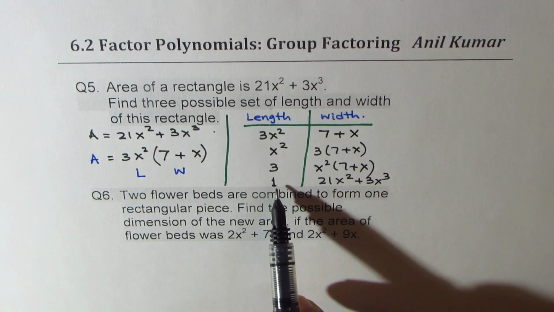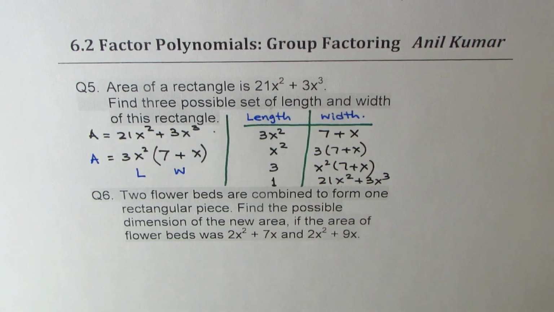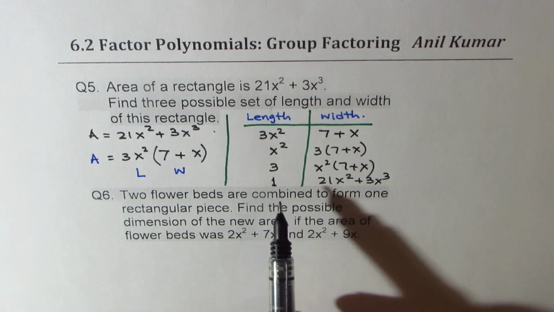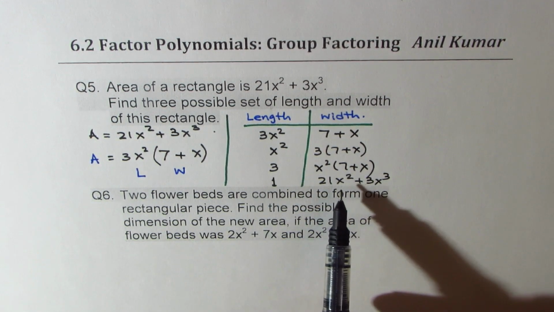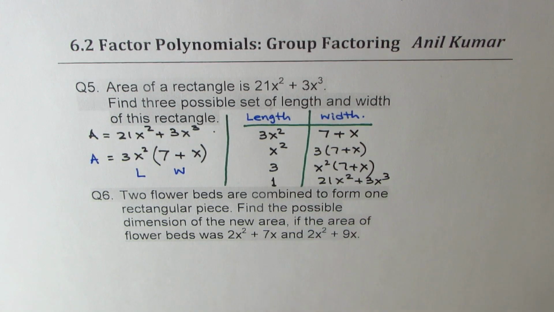This is a very important combination, since many times you may be tricked and you can get a polynomial expression which cannot be factored. In that case, 1 times the polynomial itself will be the possible combination. Perfect.